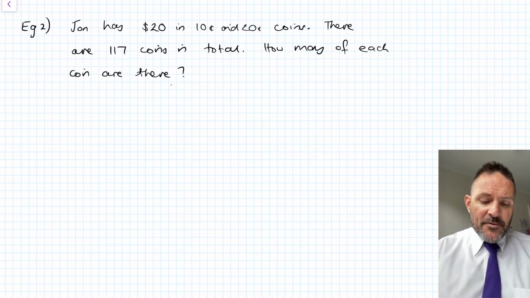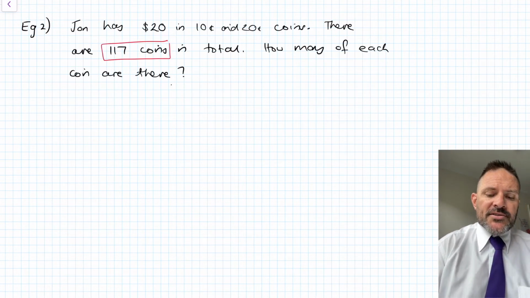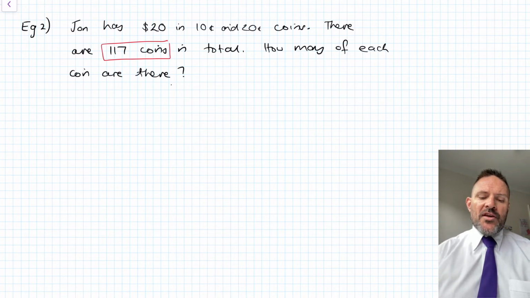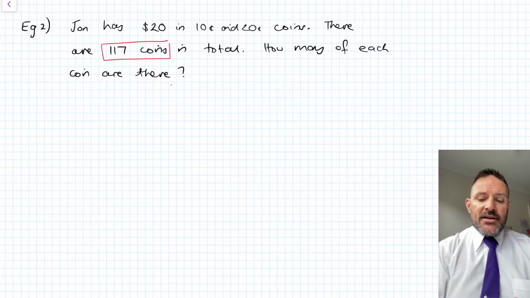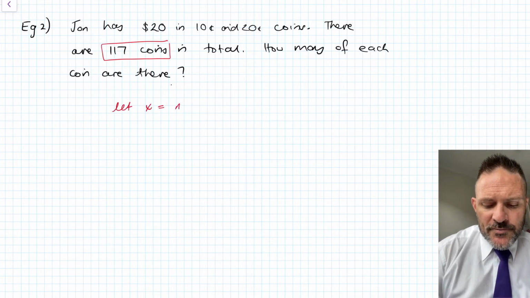So first things first, I know that they've given me this number, 117 coins. So I want to start off with some variables because I know that if I have X amount of 10-cent coins and Y amount of 20-cent coins, X plus Y equals 117. But let's write that information down. Let X equal the number of 10-cent coins.